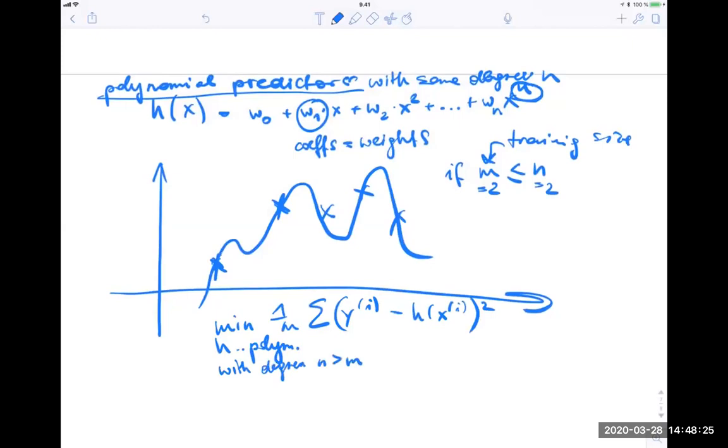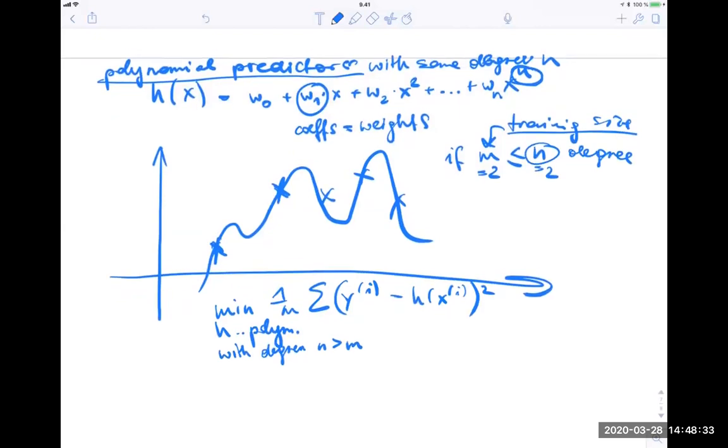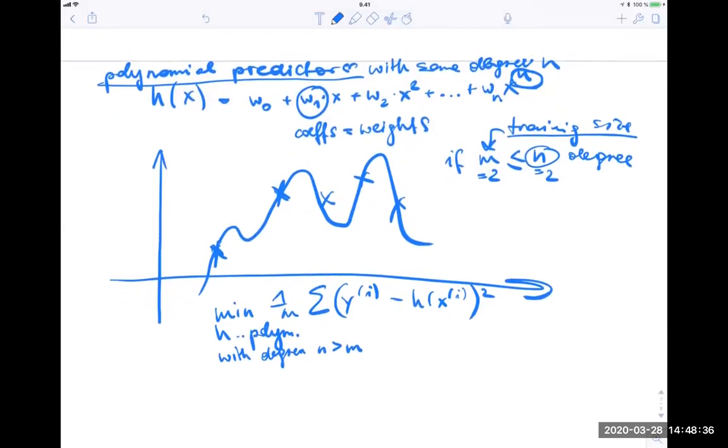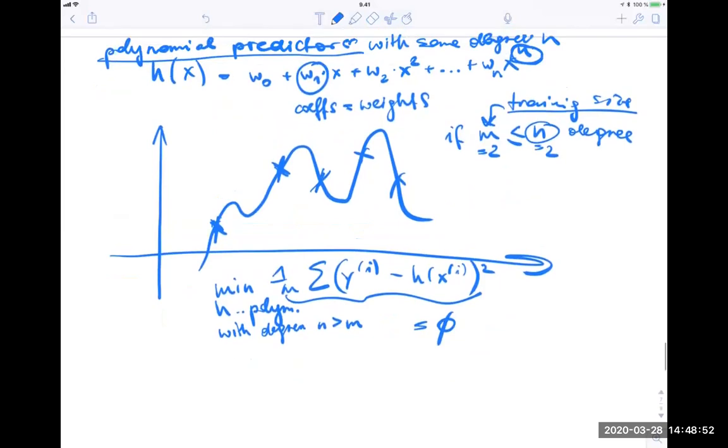M is the number of data points, or training size, and n is the degree of the polynomial. So whenever you do this optimization problem for polynomials with too large degree, this will be trivial, because this will be 0. Simply because you can always find at least one polynomial that perfectly fits the training data. And this is also the case.